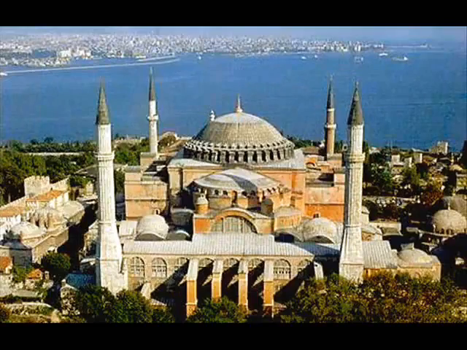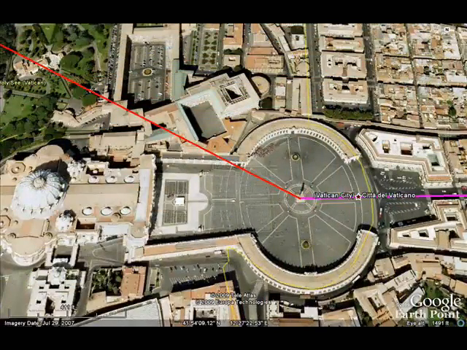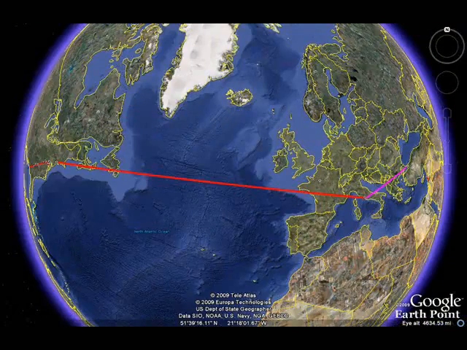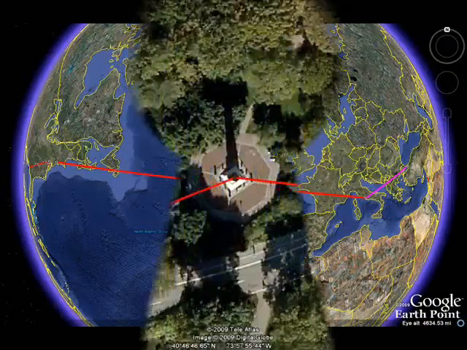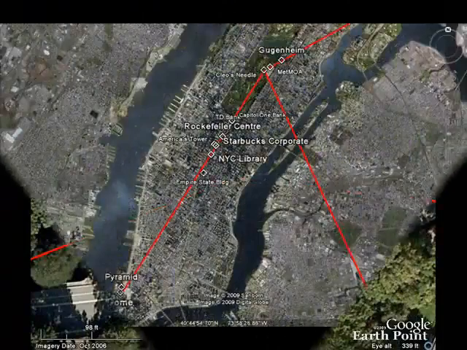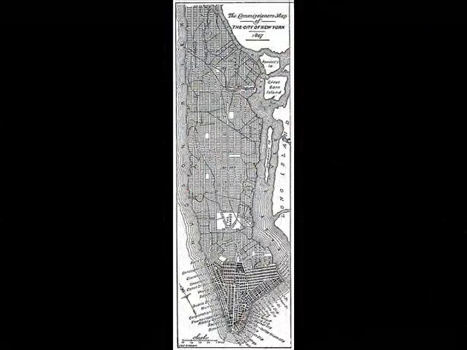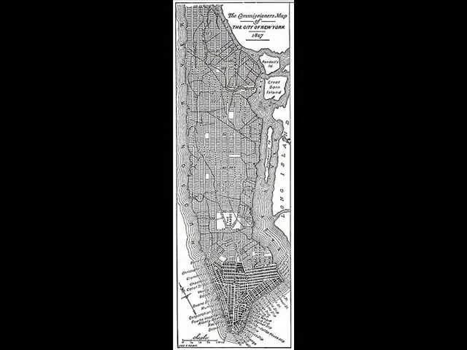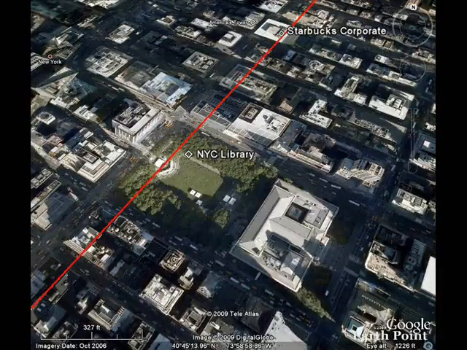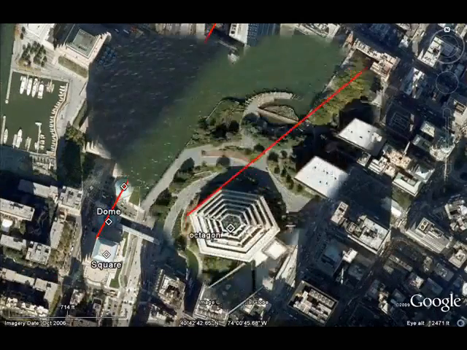And then here, the red line that lines up with the obelisk at the Vatican from the orientation of the little plaza around the obelisk at Central Park, creating the geomancy of Manhattan, ending at the World Trade Center, where the Twin Towers may have been brought down because they represent the Twin Towers of Boaz and Joachim.